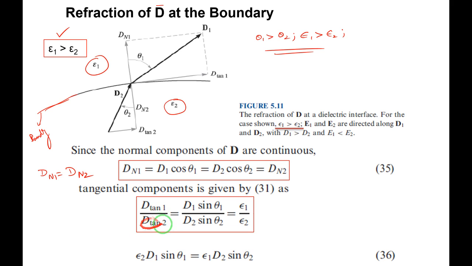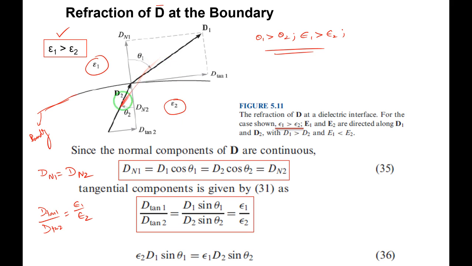Then next, we have another boundary condition, D tan 1 by D tan 2 equal to epsilon 1 by epsilon 2, right? What is D tan 1? This is the tangential component D tan 1. So I want the projection of D1 onto D tan 1, so D1 sin theta 1. So D tan 1 is nothing but D1 sin theta 1, right? Then what about D tan 2?